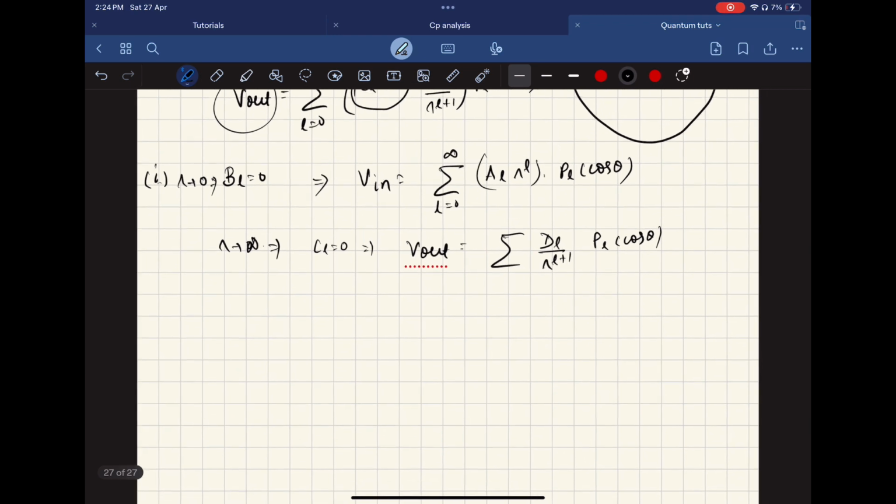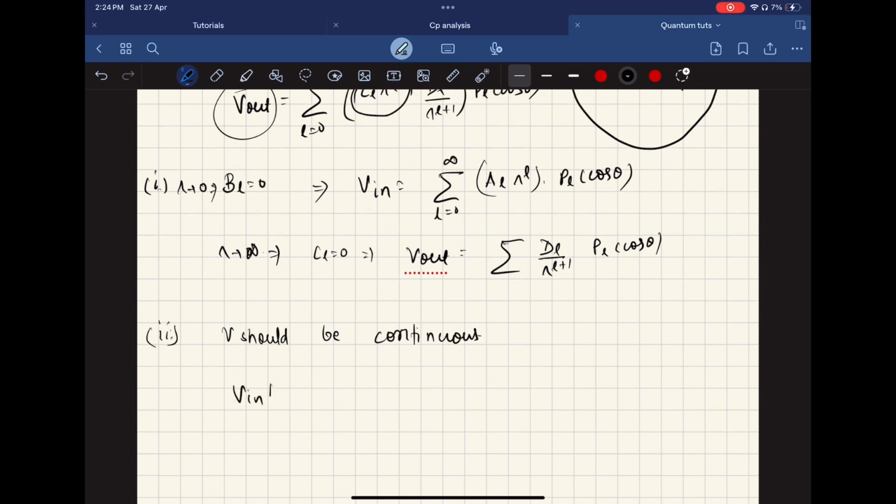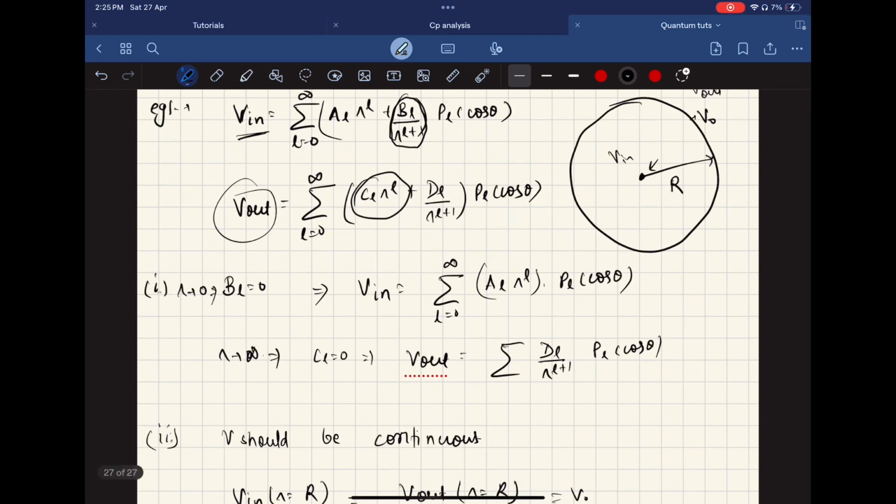Now apply the second boundary condition. In the first part we applied that V should be finite, and in the second part we apply that V should be continuous. So V in at r equals capital R equals V out at r equals capital R, which should equal V0. So now we have applied continuity at the surface.